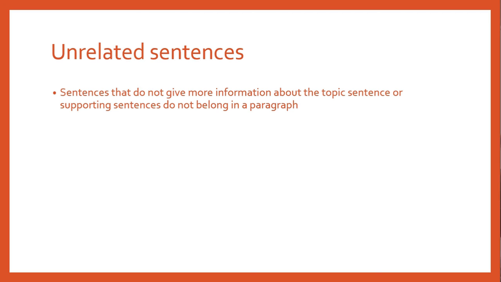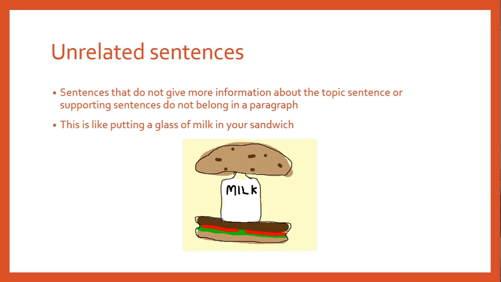And so that's basically just this information again. When you include sentences in a paragraph that don't give more information about the topic or supporting sentences, they don't belong there. And so, another analogy with our sandwich is that when you have unrelated sentences in a paragraph, that's like putting a glass of milk in your sandwich.